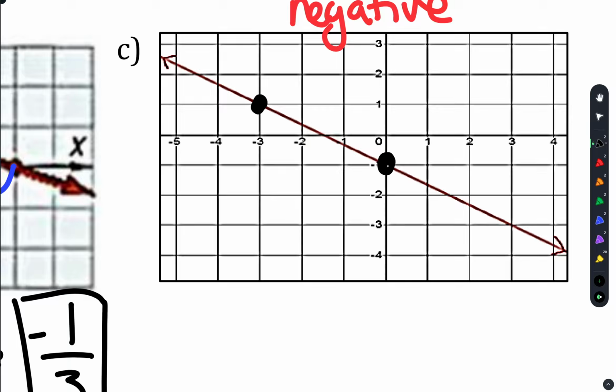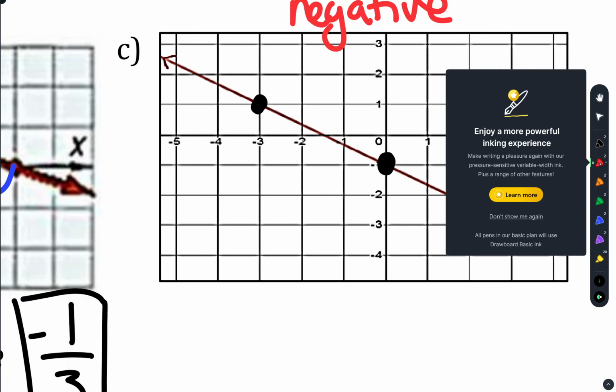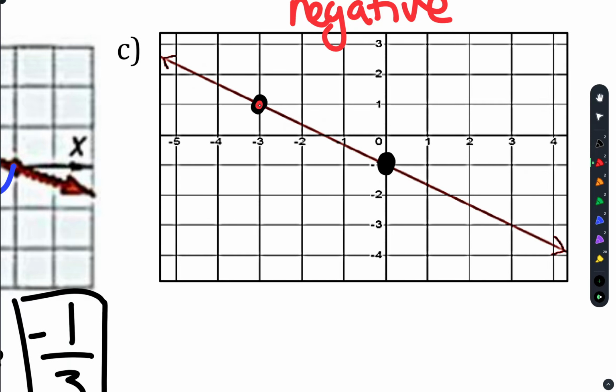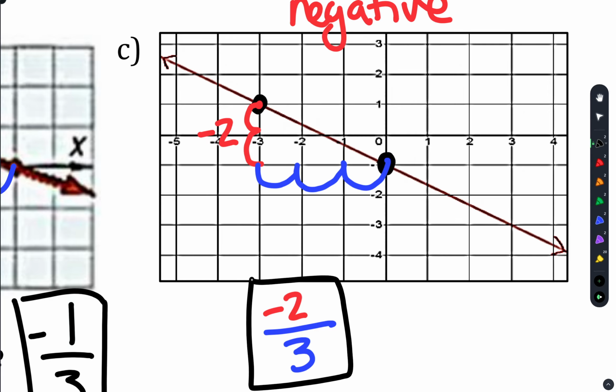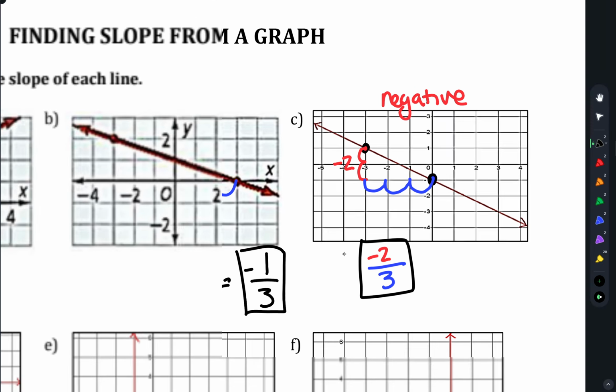I'm going to pick the dot that's on the left, which is this guy right here. I'm going to count the rise down, 1, 2. The run over, 1, 2, 3. My slope, -2/3. That's it. Not rocket science here, right? Not telling you anything crazy.